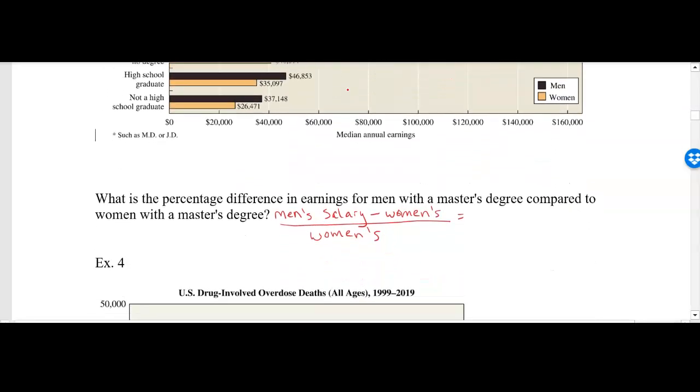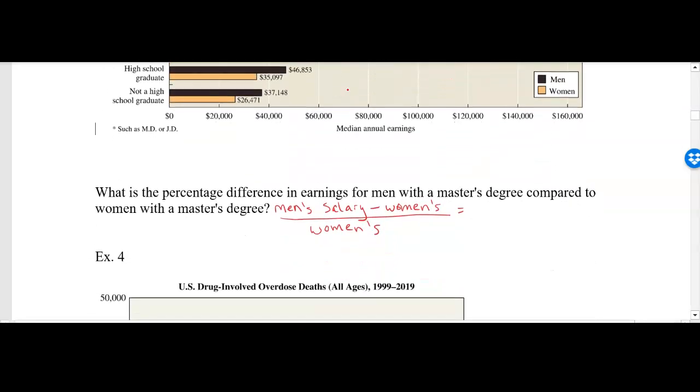So let me just go back to our formula that we wrote here. All right, the men's salary was 100,556. And then minus the women's, so that would be 70,814. But then we want to divide that by the women's, because what we're doing is we're comparing with the women's. All right?